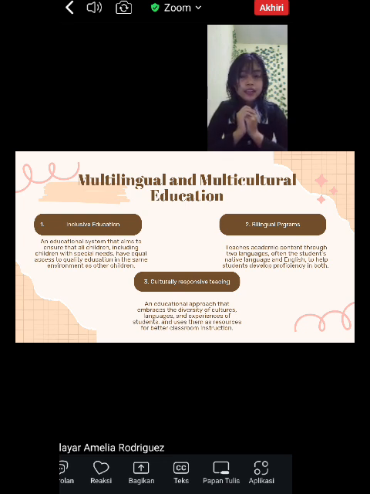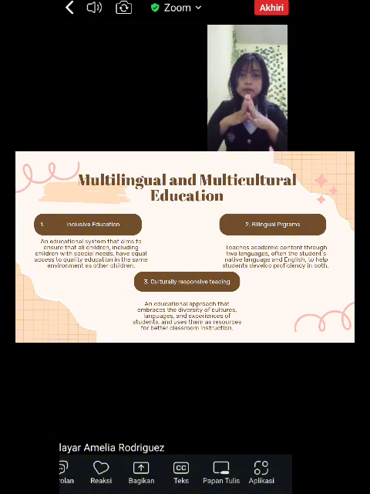For example, inclusive might be interpreted as embracing, and inclusive education is embracing all students, including those with special needs, so they have equal access to quality education. So the ones who have maybe a disability or economic background need to be seen as equal, and they definitely have equal rights in education.